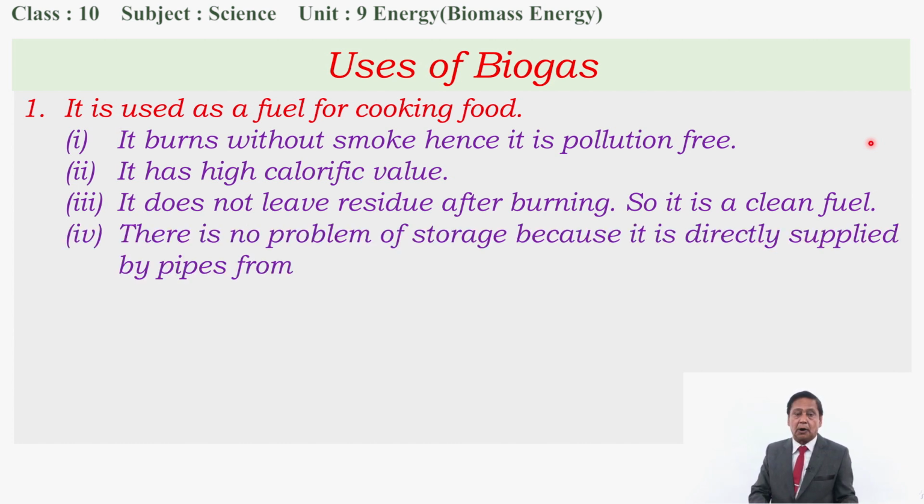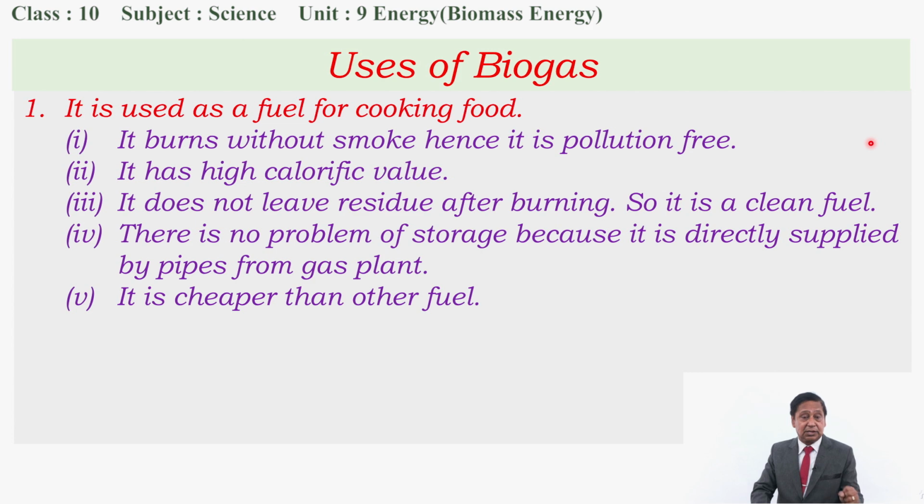And there is no problem of storage because it is directly supplied by pipes from the gas plant. We don't have to store it. It is produced in the biogas plant and directly supplied to the kitchen and rooms. And if we want less biogas, then the feeding can be reduced. And if we want more biogas every day, then feeding can be increased.